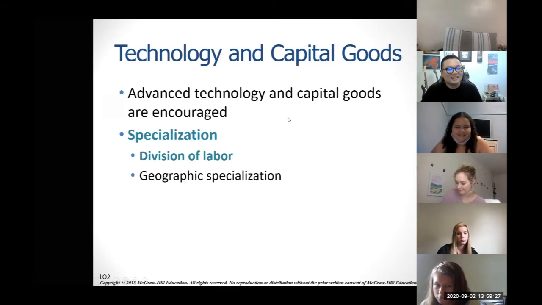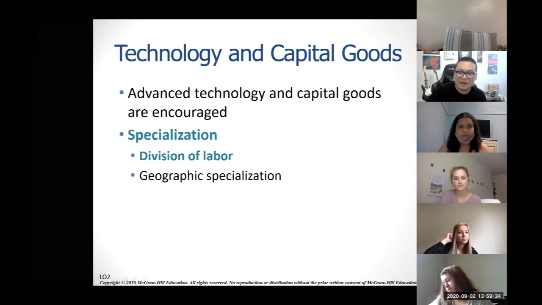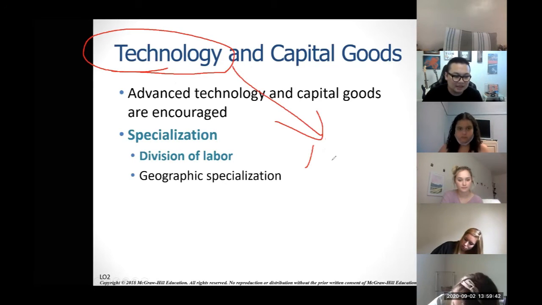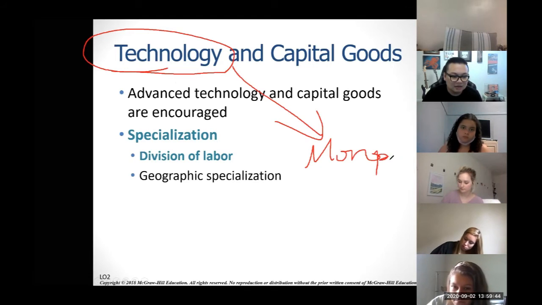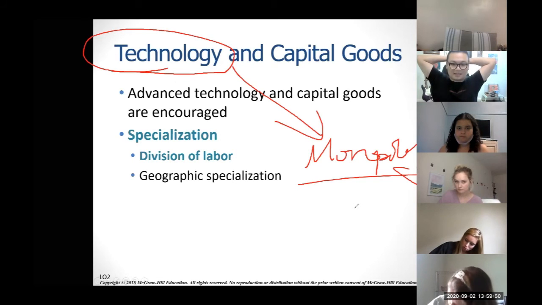Okay. I don't think we're going to spend a lot of time talking about technology and capital goods. We're actually going to spend some time talking about technology, why technology is very important for monopoly companies. Once again, if you recall from our Monday's class, monopoly means what?